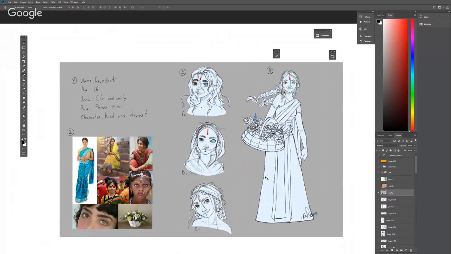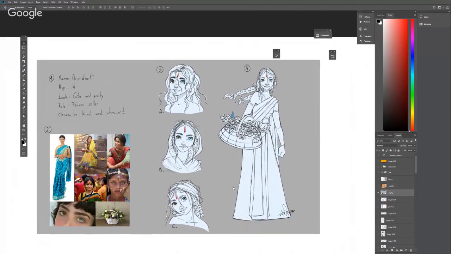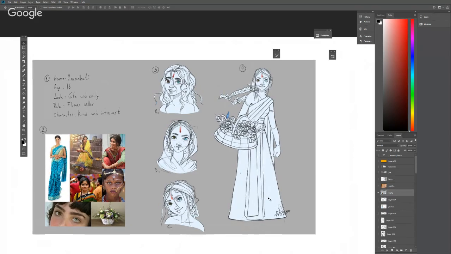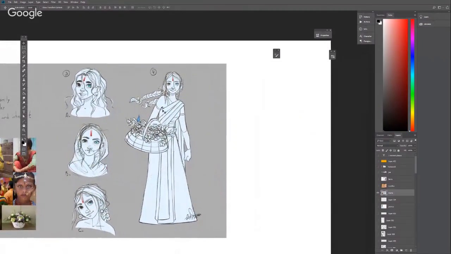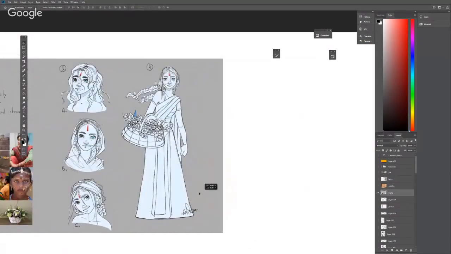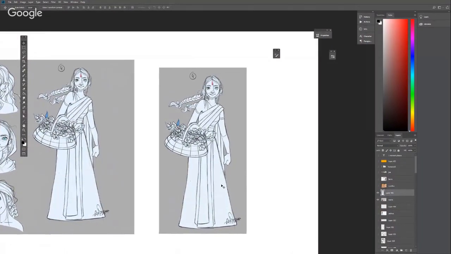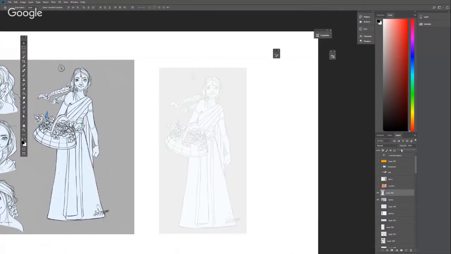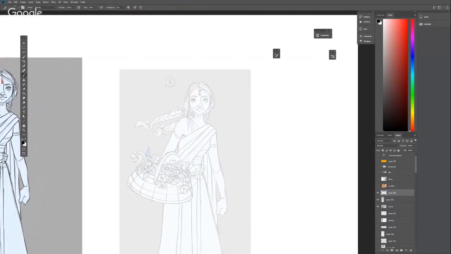So let's look at Marta. Beautiful drawing, really great. Introvert flower seller. Maybe it would be funny if you give her a bit more personality, maybe making her smell one of these flowers.